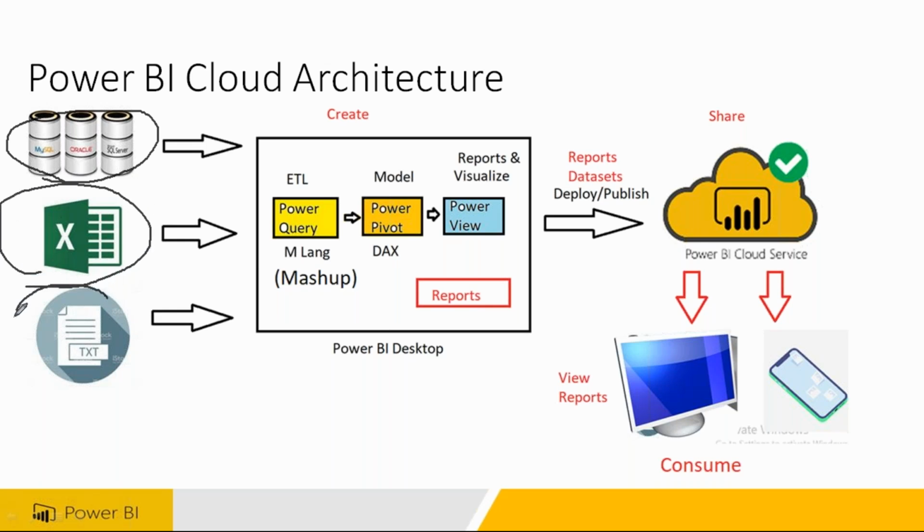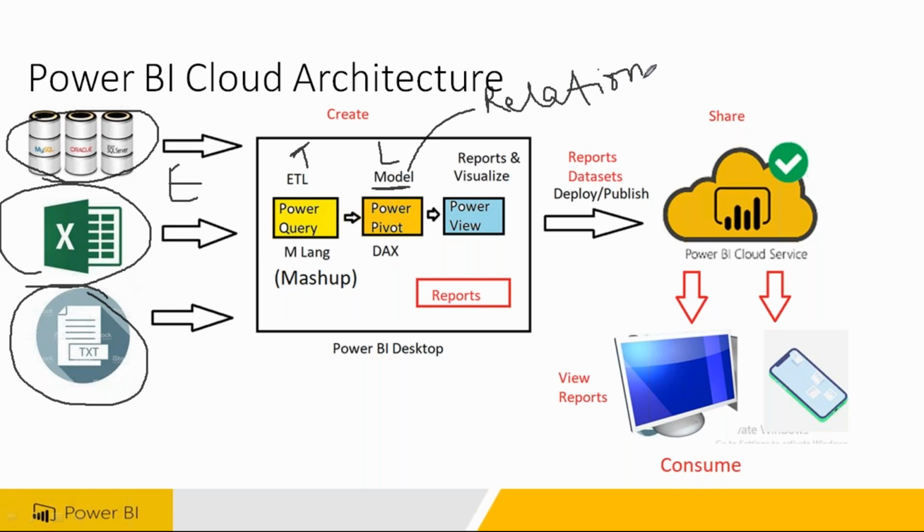After extracting the data, you transform it and load it, and all the data goes to the Power Pivot, where you create a lot of data modeling. Data modeling means creating relationships. That is what we're going to be doing.